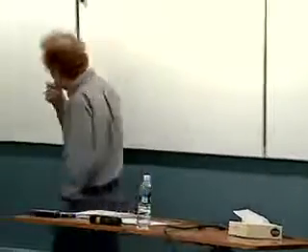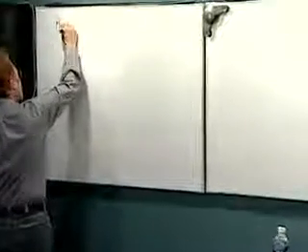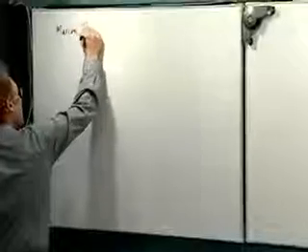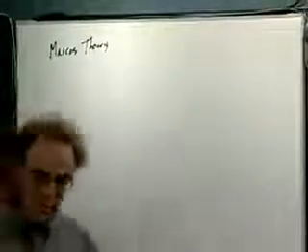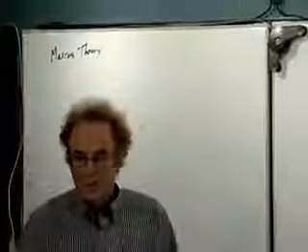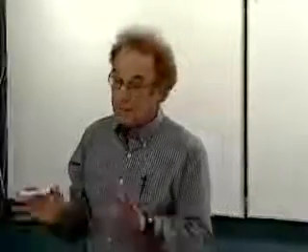So we're going to start off thinking about Marcus theory. The first thing to say is that Marcus theory was actually not uniquely developed by Marcus, but Noel Hush in Australia also developed a model very similar at very much the same time.